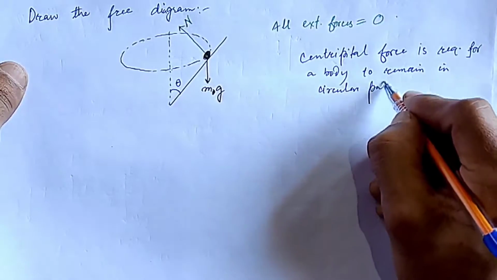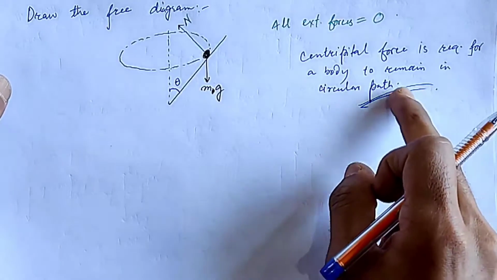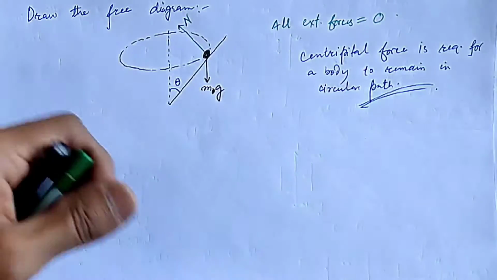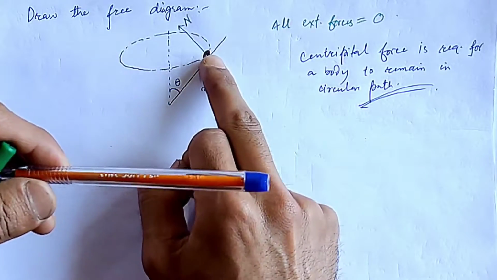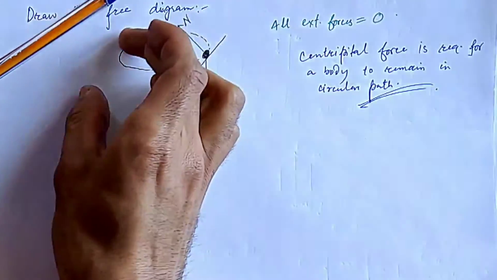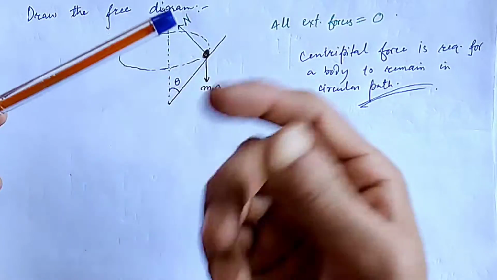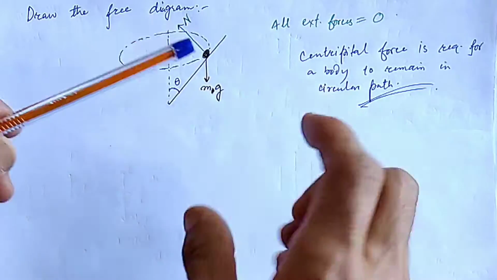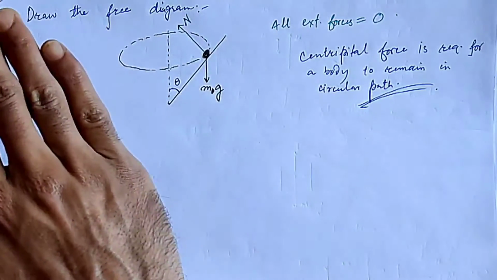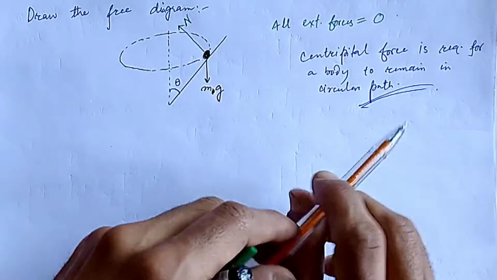So we have to find that centripetal force. That centripetal force will be toward the center of the circular path, not the center of this cone, even though that will be the center of the cone as well at that plane. So that will be the center of the circular path.